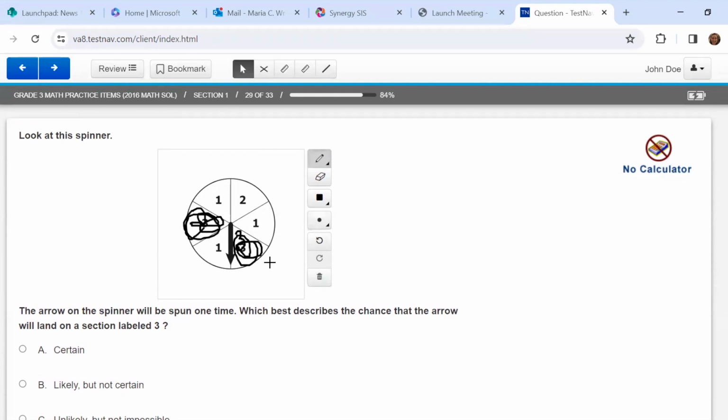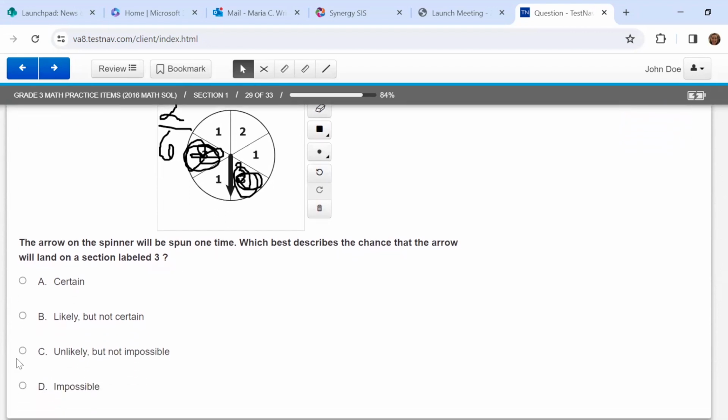All right, so there are 2 3s out of 6 total spaces. That's less than half. So I know that my chances are unlikely. Here we go. Unlikely, but not impossible. If it were impossible, none of the spaces would say 3.